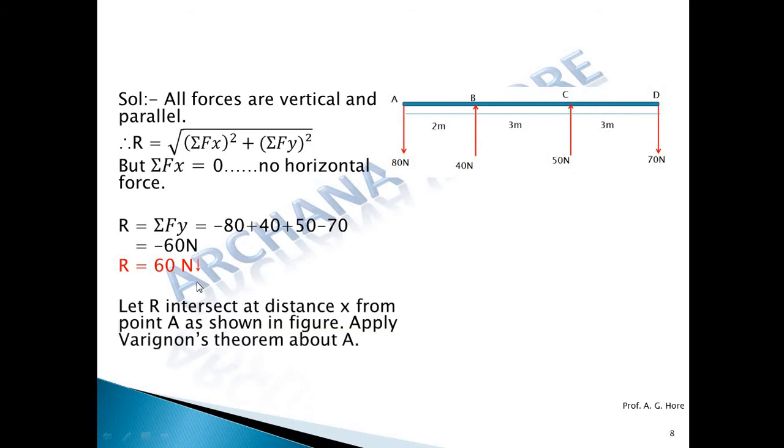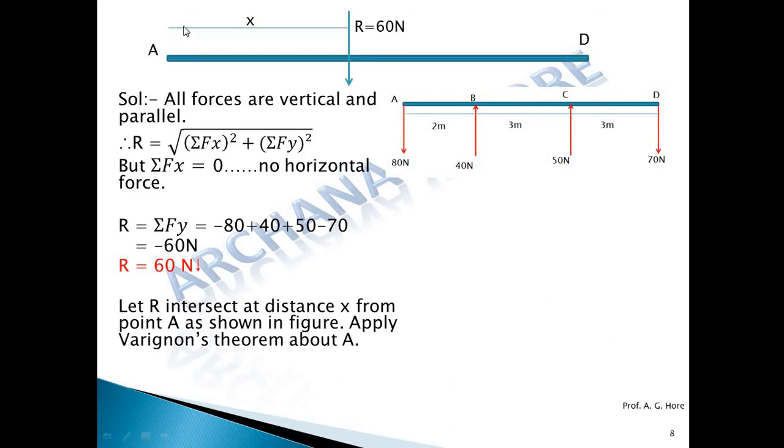Now let R intersect at distance x from point A as shown in the figure. To find out the x or position, apply Varignon's theorem about point A. It is not given in the numerical whether to find the position from point A or B. For our convenience, we consider point A, so take Varignon's theorem about point A.